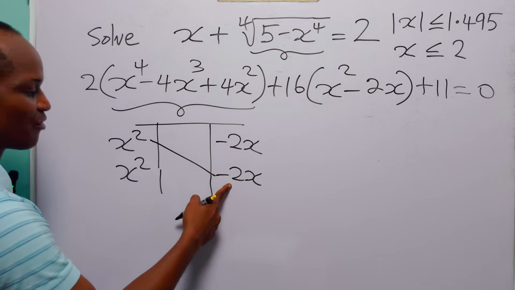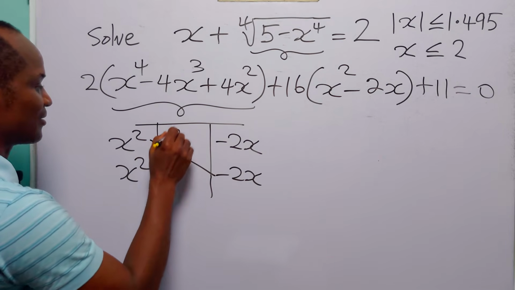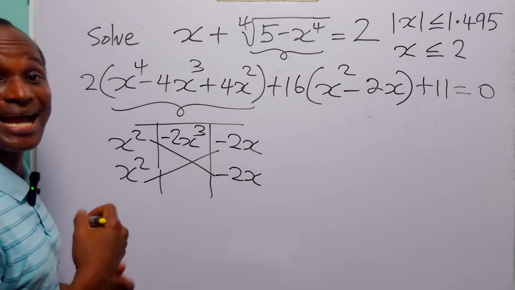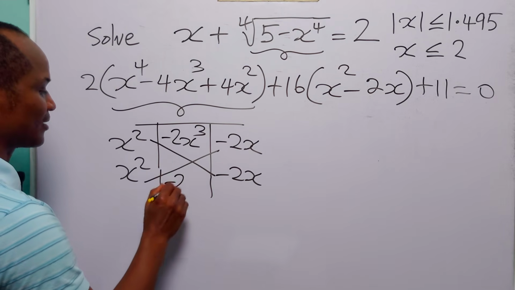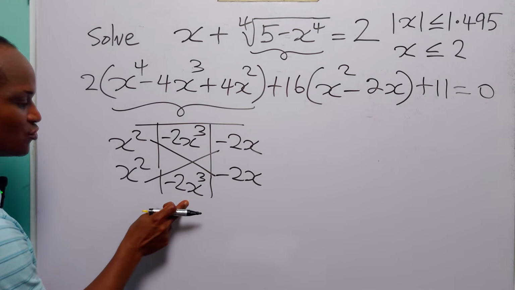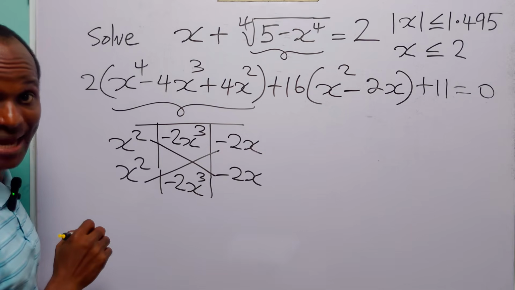Multiply this by this, we have minus 2x times x squared, which is minus 2x cubed. Multiply this by this and you get exactly the same thing, minus 2x cubed. Now notice that minus 2x cubed minus 2x cubed is going to give us minus 4x cubed.